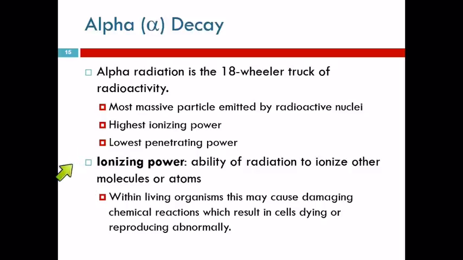Ionizing power is the ability of radiation to ionize other molecules or atoms. In living organisms, having your molecules ionized can cause a lot of problems because that changes the chemical reactions that they undergo. So you don't want your molecules being ionized. And that's a primary mechanism by which radiation damages and kills living organisms.